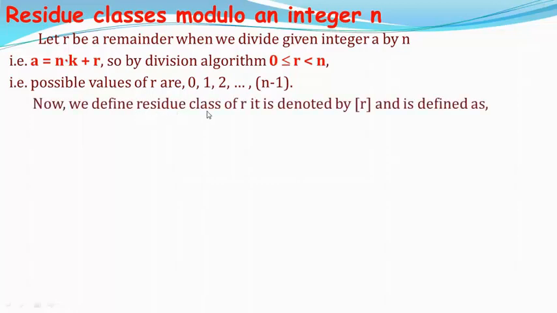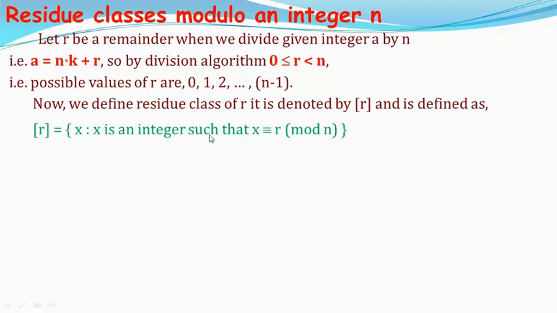Now we define the residue class of R, denoted by this notation. The residue class of R is equal to the set of all x such that x is an integer and x is congruent to R modulo n.